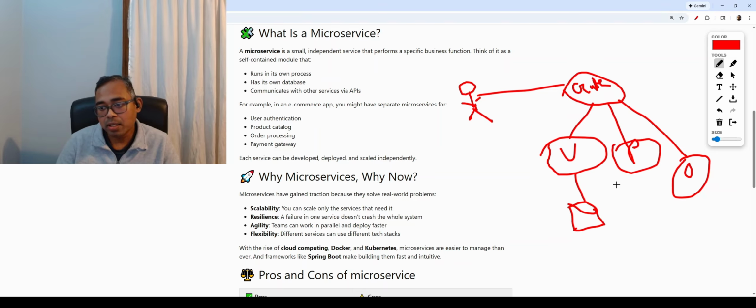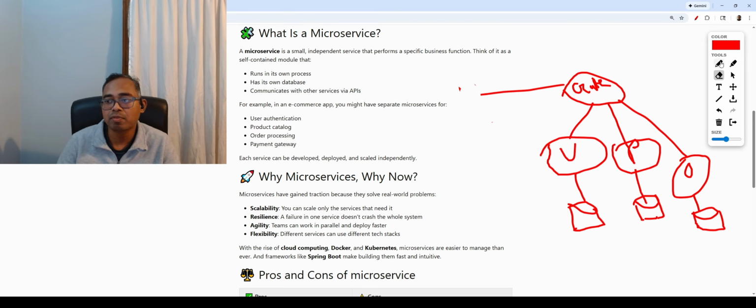They can also be connected using topics or a messaging system. These clients can be a desktop client, web client, or mobile client, so different kinds of clients can be there.